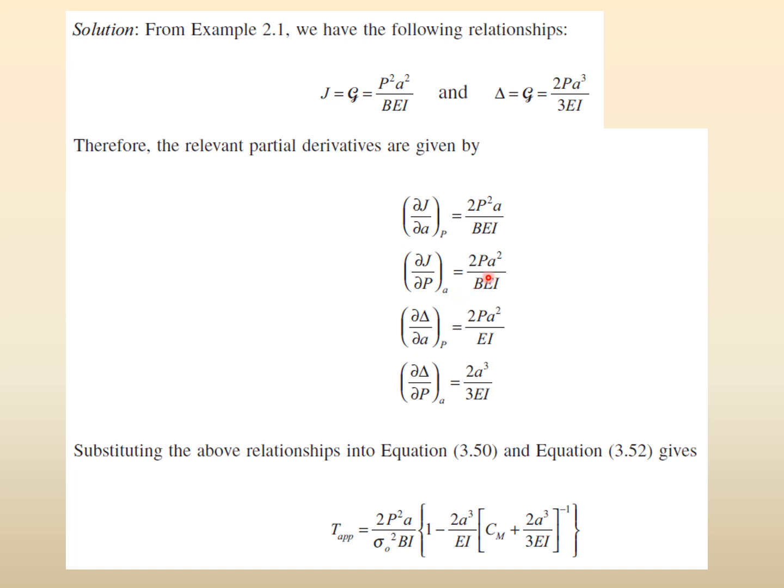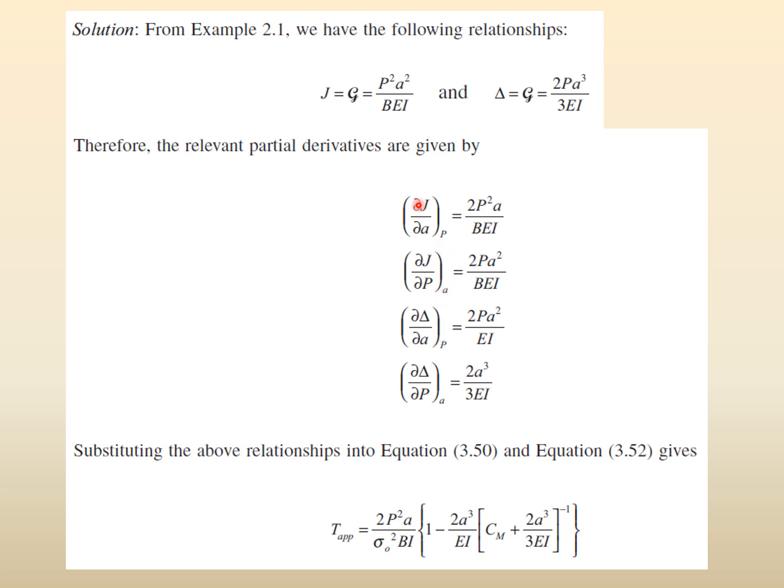Similarly, del J del P with respect to a. Maybe one way or the other, in one there is P squared and this is 2a, in the other it is a squared and it is 2P. No, let me go back, I was trying to confuse you.